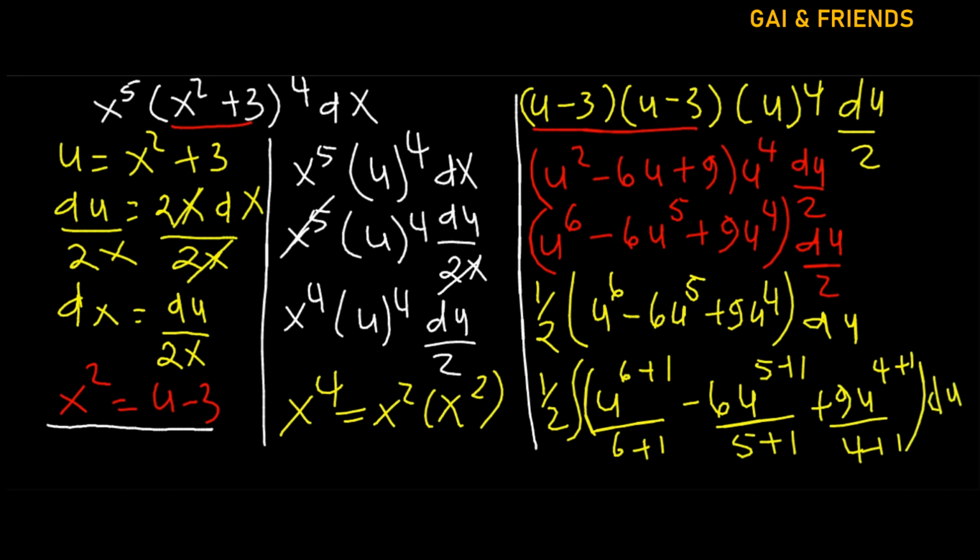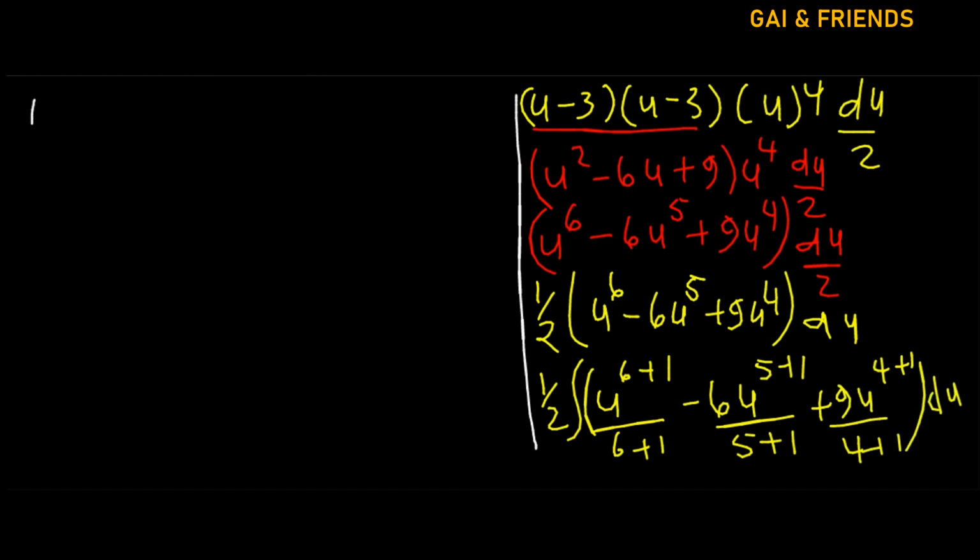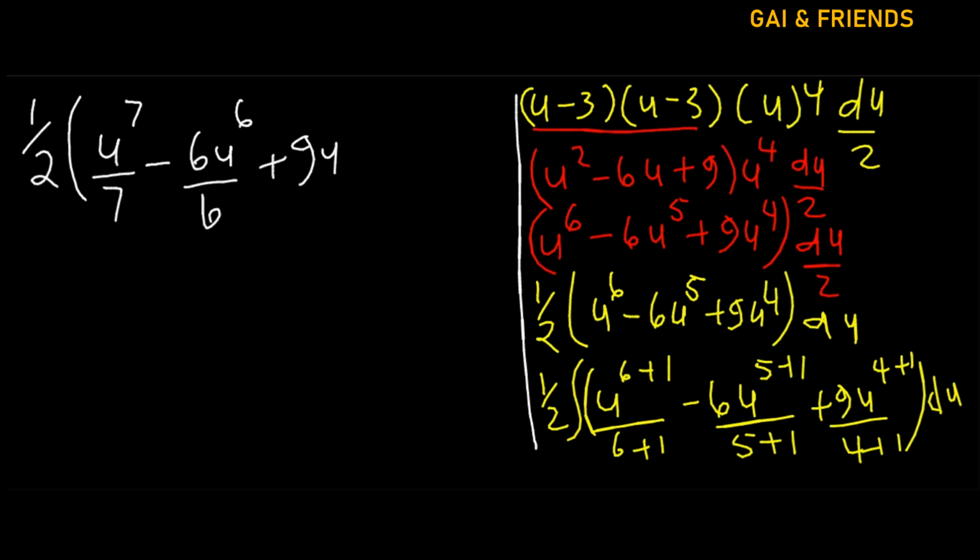Now our integral will be 1 out of 2 u raised to the power 7 out of 7 minus 6u raised to the power 6 out of 6 plus 9u raised to the power 5 out of 5.